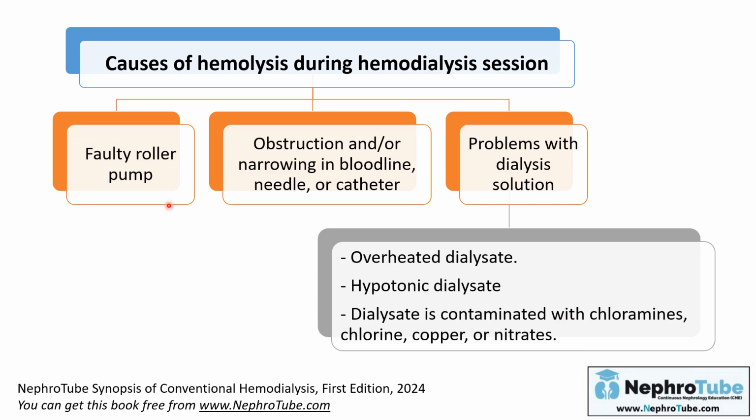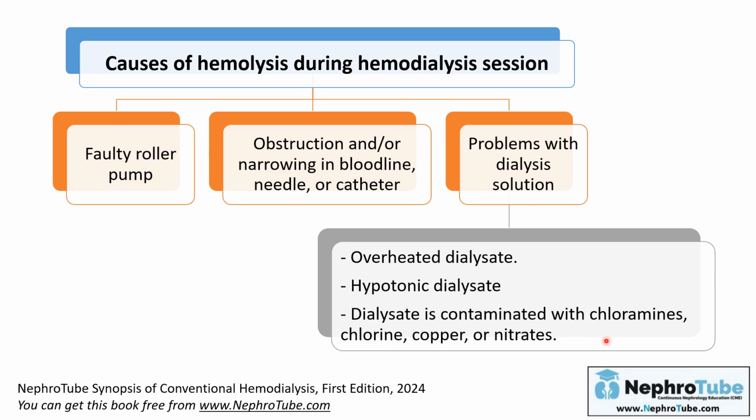By the way, if there is a faulty roller pump, this will affect one patient, the patient who is dialyzed on the machine with the faulty roller pump. In case of obstruction or narrowing in the bloodline, needle, or catheter, this also will affect one patient. Overheated dialysate will also affect one patient. Hypotonic dialysate will also affect one patient, because the dialysate temperature and tonicity depend on the hemodialysis machine itself.